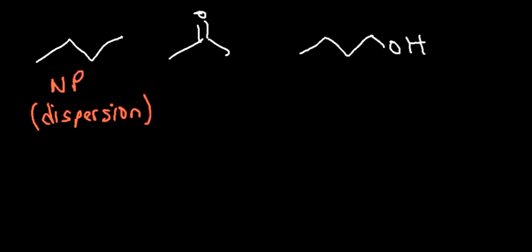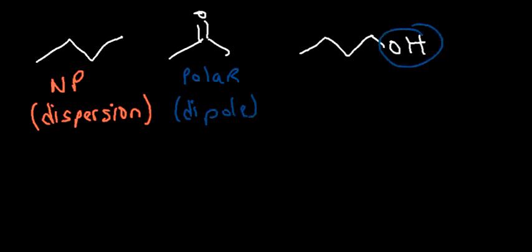Now, this ketone is relatively polar. So polar molecules, they have dipole interactions, and dipole interactions are stronger than dispersion forces. But this alcohol has hydrogen bonding. Any molecule that has hydrogen bonding is very polar. So in addition to having dipole interactions, it has hydrogen bonding, which is stronger than dipole interactions.